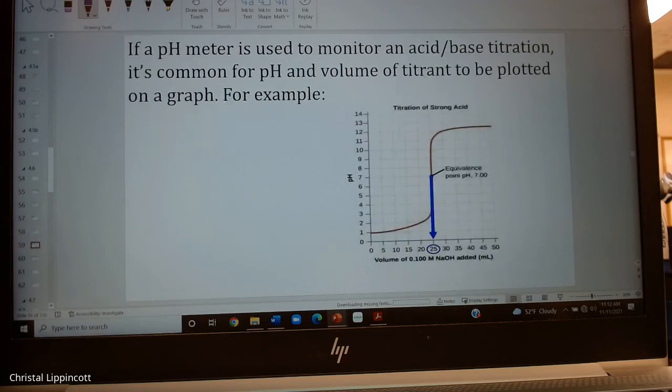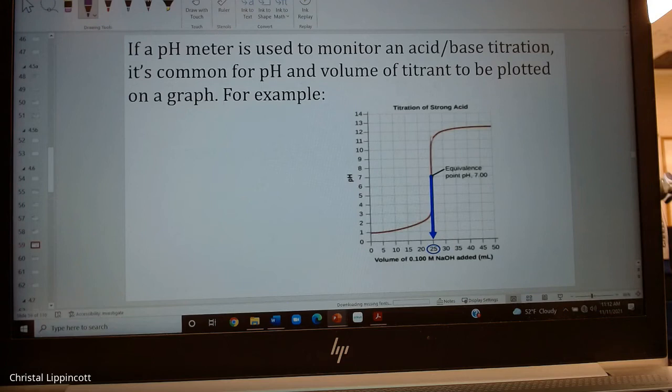So if we're doing an acid-base titration, you can sometimes use a pH monitor to show you when, and we will do one of these when we get into Unit 8. And you can actually have this hooked up to your Vernier lab probe, the pH meter, and you're watching for when this guy is a straight line.